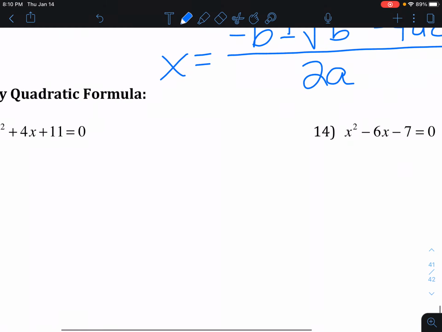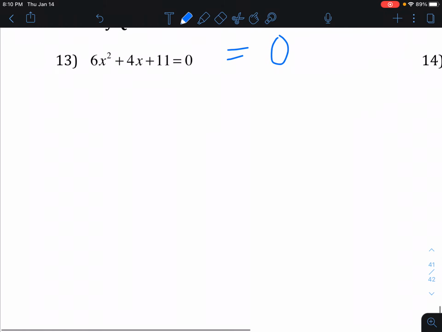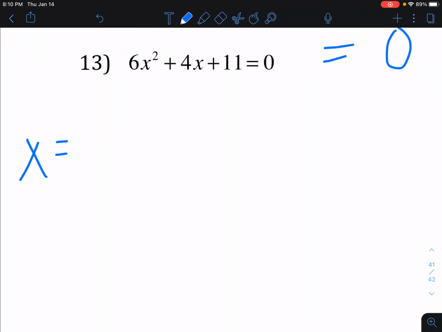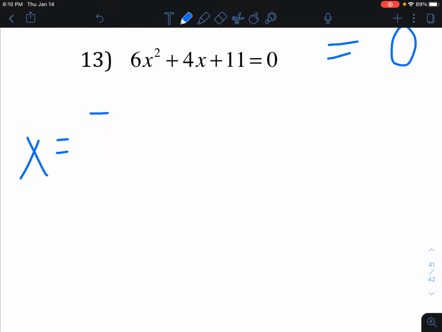Remember, for the quadratic formula, we also want it equal to 0. So it's in the form ax squared plus bx plus c. So you can see the a is 6, b is 4, and c is 11. So let's go into our formula. We start off with negative b, followed by plus minus. Then we have a big square root.